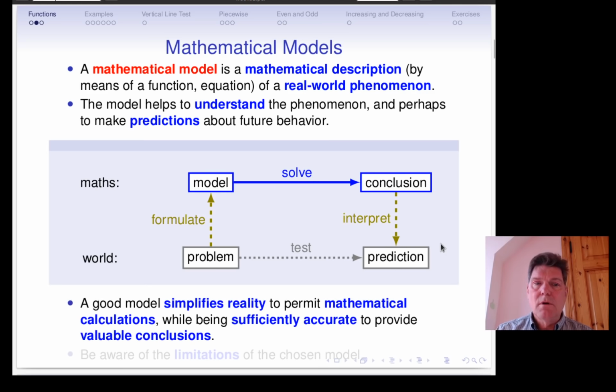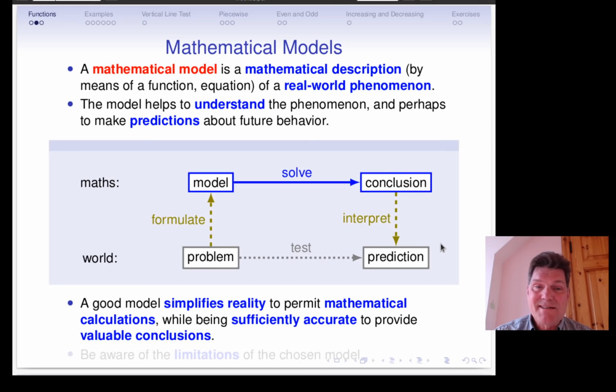A good model simplifies reality in order to permit mathematical calculations, while on the other hand it needs to be sufficiently accurate to provide conclusions that are valuable. This has been stated as "everything should be made as simple as possible but not simpler," a quote that's often attributed to Albert Einstein, but lots of other people have come to that conclusion.